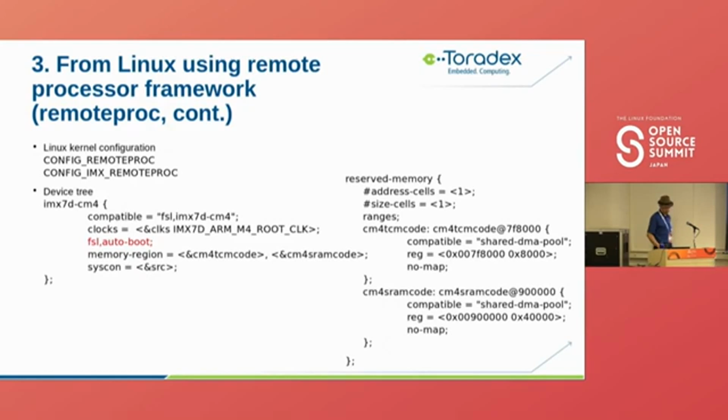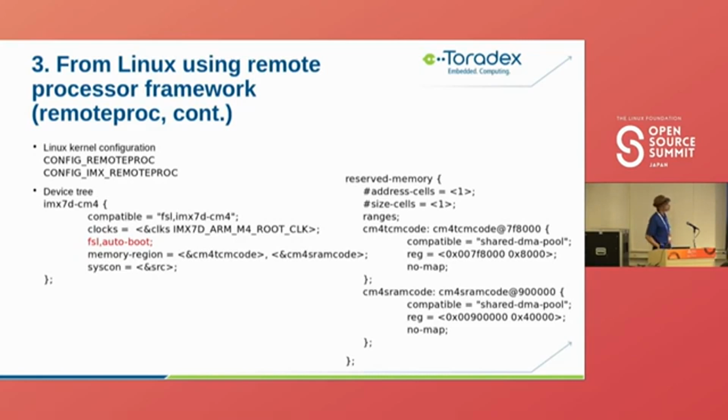And another thing which I touched on before, this syscon stuff, which basically means that some of the registers that are relevant to control such cores are available in the SoC in some memory area which is used for miscellaneous stuff, and that you have to give it this syscon handle.